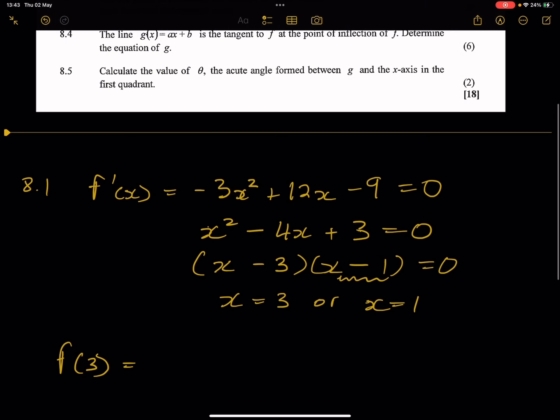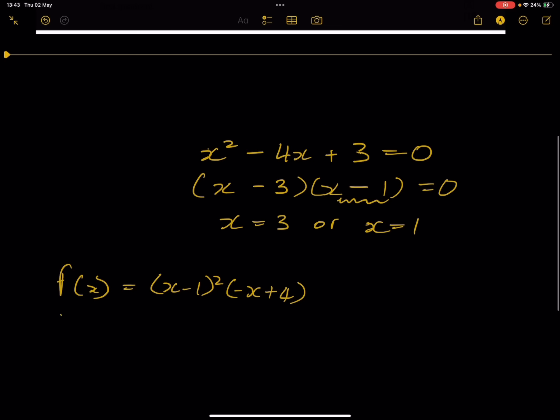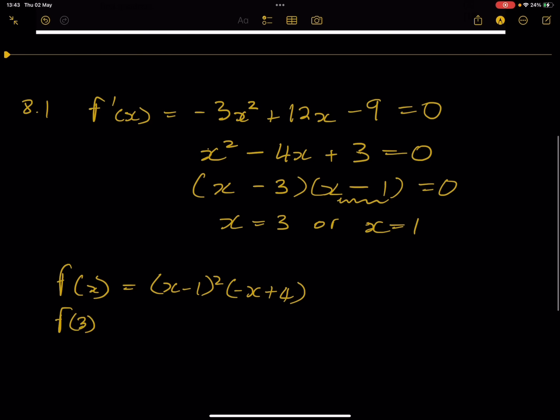I'm going to take f of x, the one that they've simplified: x minus 1 all squared, and this is minus x plus 4. I think that's what we got there, right? So if I take f of 3, that would be 3 minus 1 squared and minus 3 plus 4.